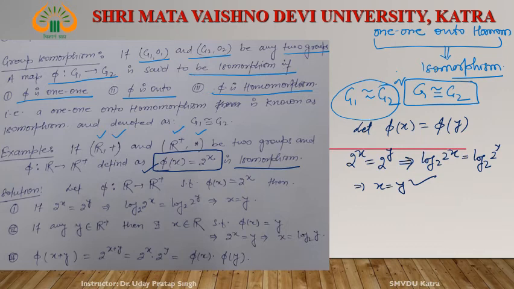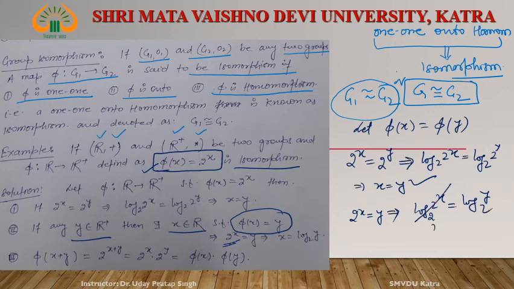Now, for all y belongs to R plus, there exists x belongs to R plus such that phi x is equal to y. What is phi x? Phi x is equal to 2 to the power x. Then, if 2 to the power x is equal to y, this implies that log of 2 to the power x to the base 2 is equal to log of y to the base 2, and this is x is equal to log of y to the base 2.